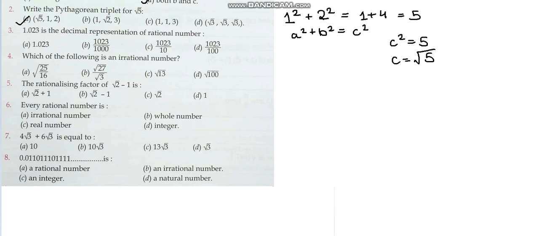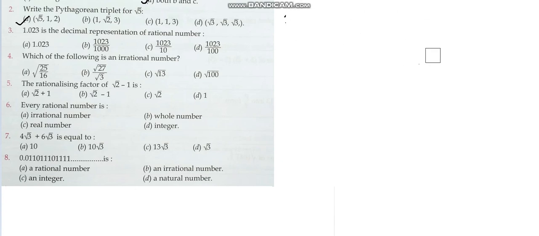In the third question we have 1.023 is the decimal representation of a rational number. 1.023 can be written as 1023 upon 1000 because the decimal point is after 3 digits starting from the left to right.